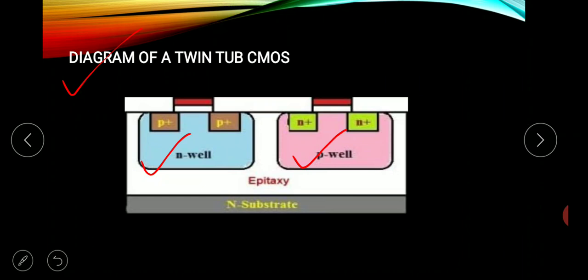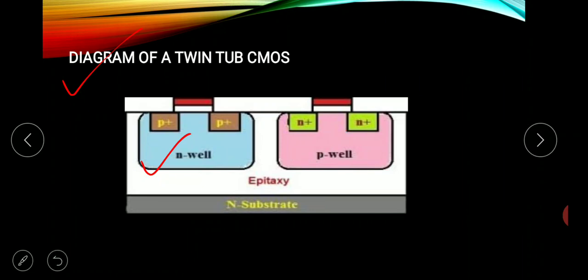In the N well we fabricate PMOS and in the P well we fabricate NMOS. This is the N-type substrate and it has high resistivity. The higher the resistivity, the lesser the current through the substrate.